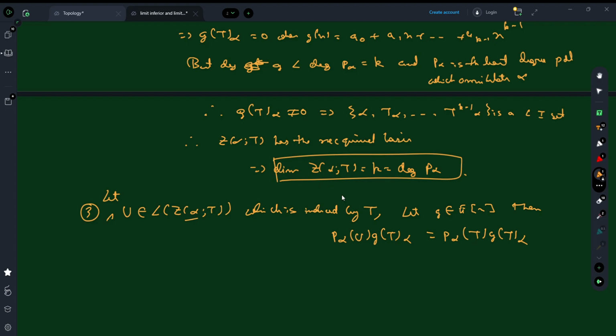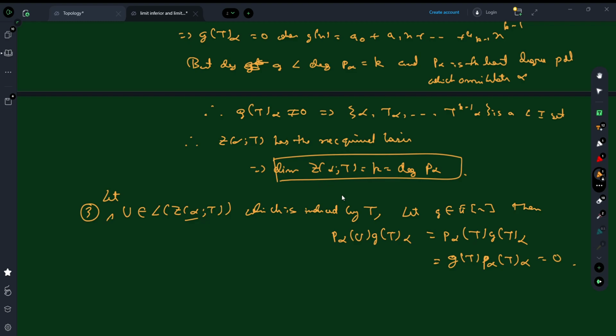So U is considered to be a linear operator on Z(alpha; T), and alpha is clearly inside that set. So U is nothing but T inside Z(alpha; T), so we can obviously switch between U and T inside Z(alpha; T). So p alpha(U) g(T)alpha is equal to p alpha(T) g(T)alpha. But obviously again they are polynomials in T, so they will commute. So this becomes g(T) p alpha(T)alpha, but that is equal to 0. Right? That is clearly equal to 0.